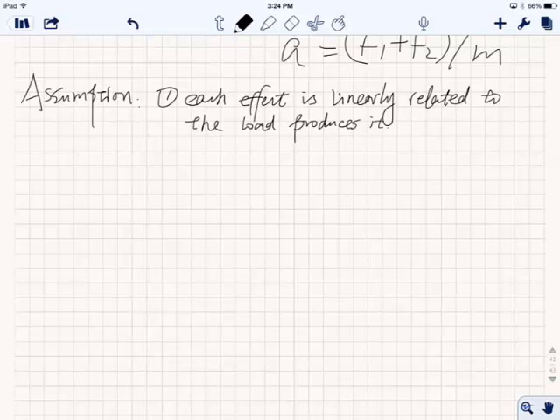So in other words, there's no nonlinear effect going to be considered here.